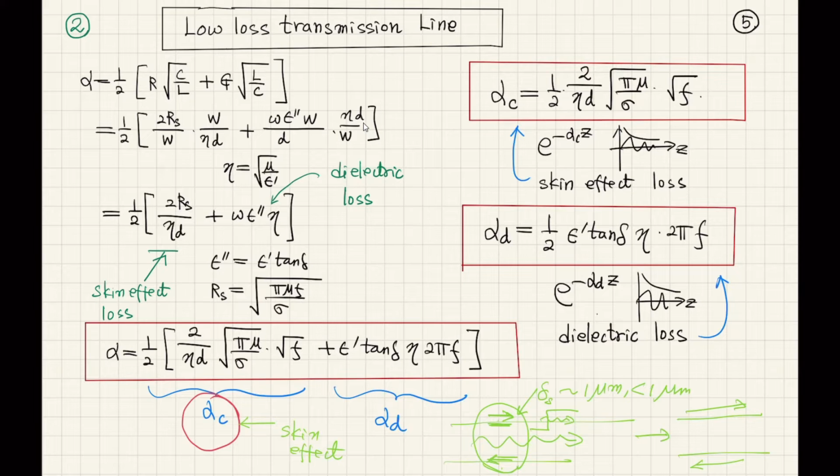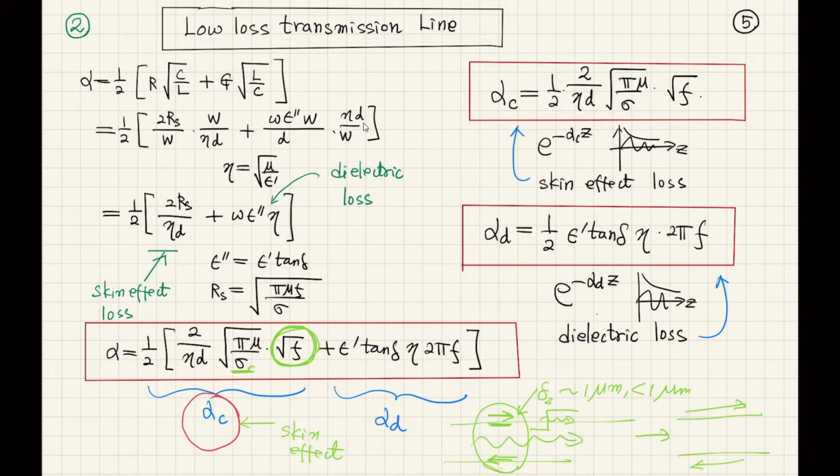Let's take a look at this equation, the conductor attenuation constant. As I mentioned in the previous slide, it is proportional to the square root of frequency. One interesting thing is that it has the conductivity kappa.